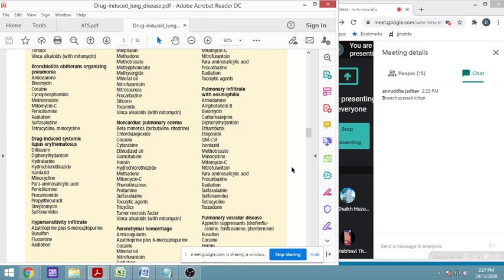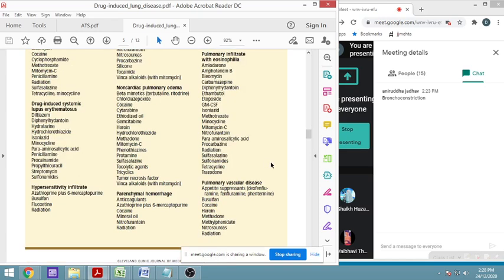Examples are beta-mimetics like terbutaline, ritodrine, chlordiazepoxide, cocaine, cytarabine, ethiodized oil, gemcitabine, heroin, hydrochlorothiazide, methadone, mitomycin, phenothiazines, protamine, sulfasalazine, tocolytic agents, tricyclics, tumor necrosis factor, vinca alkaloids.